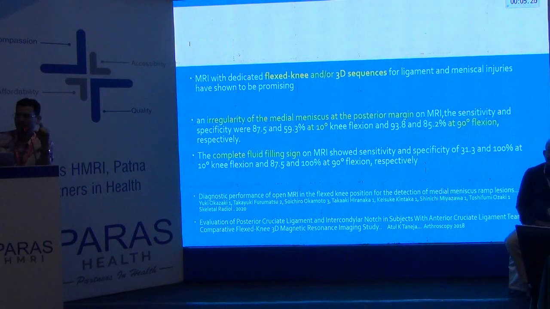At 90 degrees of flexion, the specificity and sensitivity of the diagnosis of this ramp lesion increase significantly. Another sign, the complete fluid filling sign, also increases significantly at 90 degrees of flexion compared to 10 degrees of flexion. This 3D sequence is not available, I think, right now in Patna, but it is present in some centers of Delhi right now.